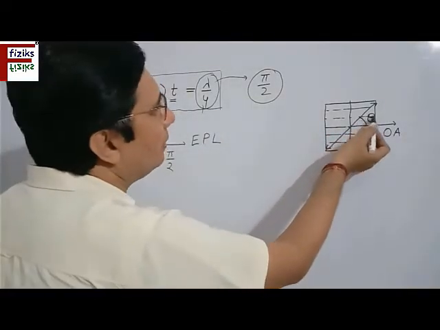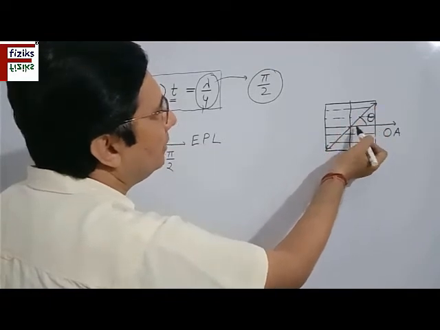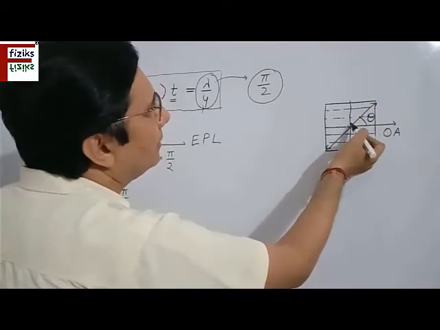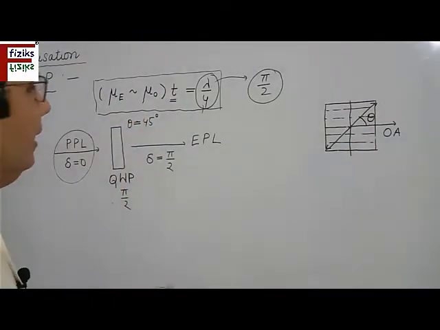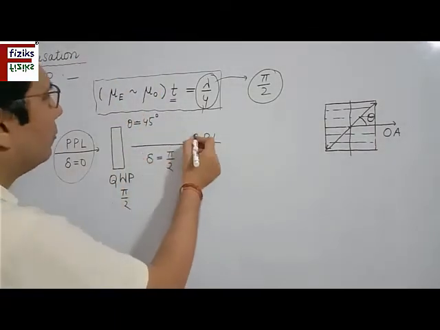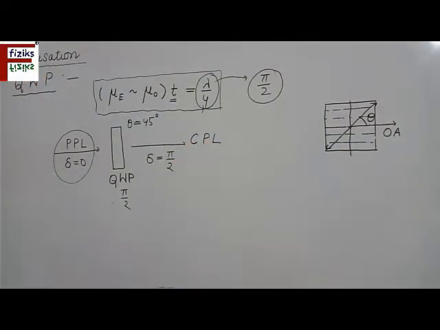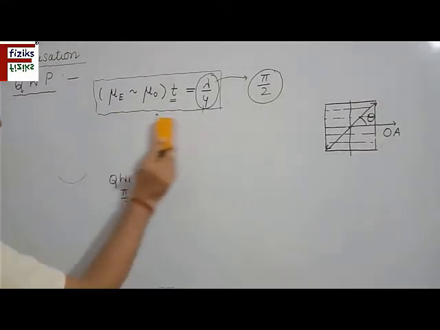When theta is 45 degrees, its components parallel to the optic axis and perpendicular to the optic axis will be equal, and we will have circularly polarized light here. So when theta becomes 45, we will have circularly polarized light. So this is the second application. Now come to the third application.